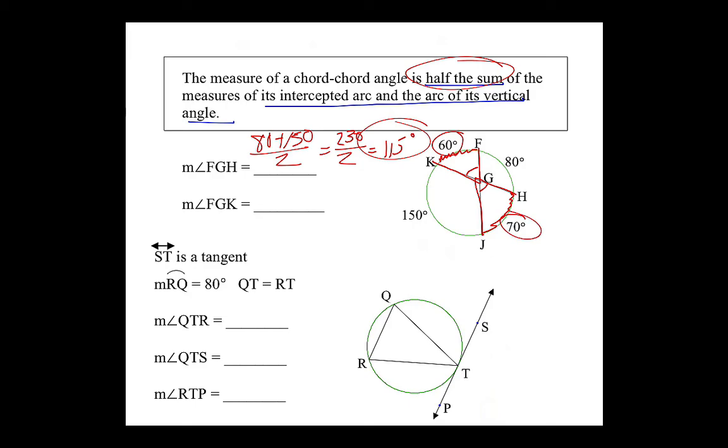So I need to take half the sum of those two intercepted arcs to find the measure of angle FGK. So it's going to be 60 plus 70 divided by 2, which is 130 divided by 2, which ends up giving me a 65-degree angle for angle FGK.